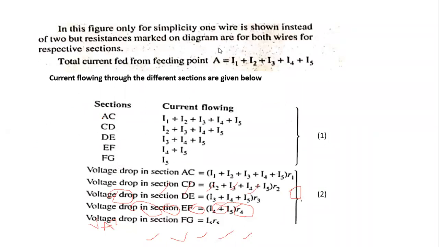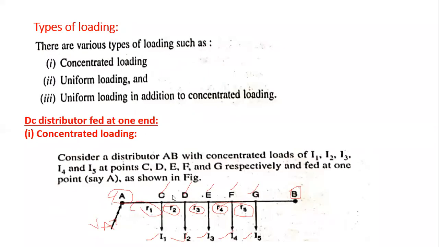Next, what is the total current for the distributor at point A? How many loading points are there? I1, I2, I3, I4, I5.